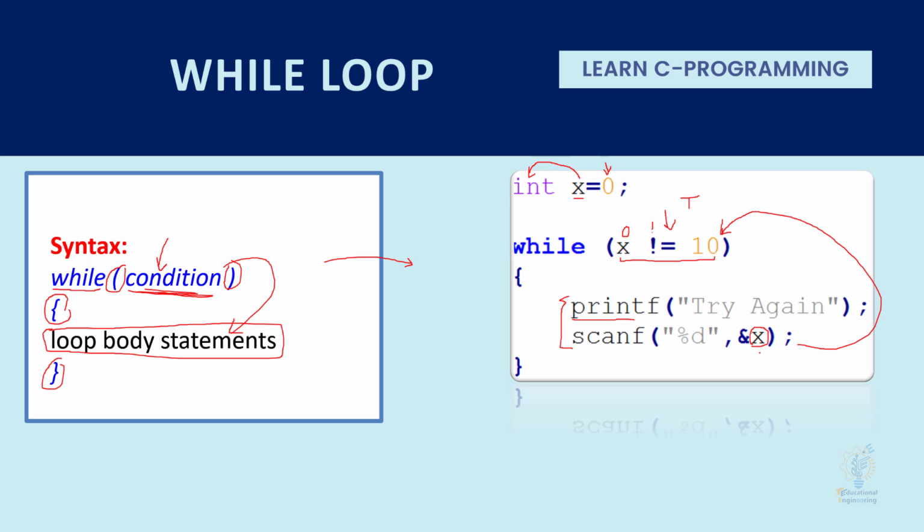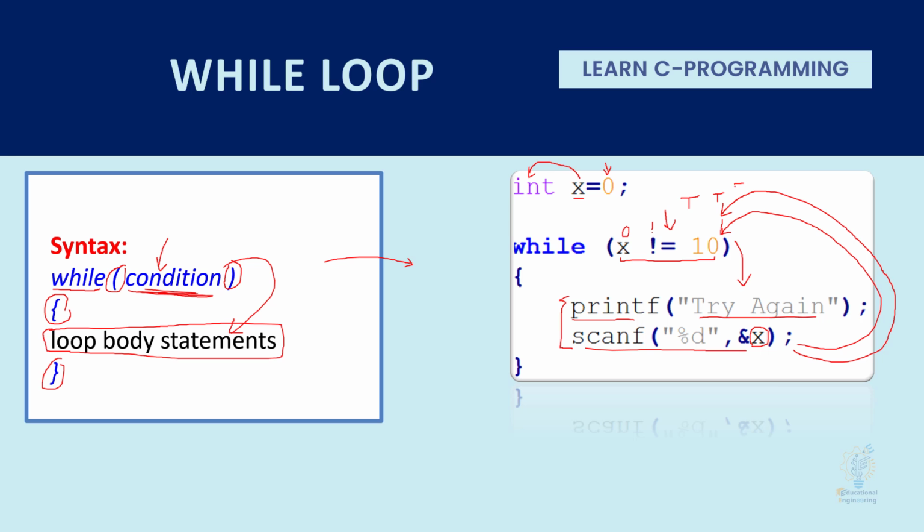If the user enters 9, not equal 10, this is also true. So it will go back inside the loop, print try again, then read input from the user. Now, if the user enters 10, it will go back to the condition, 10 not equal 10. That is false because 10 equals 10.